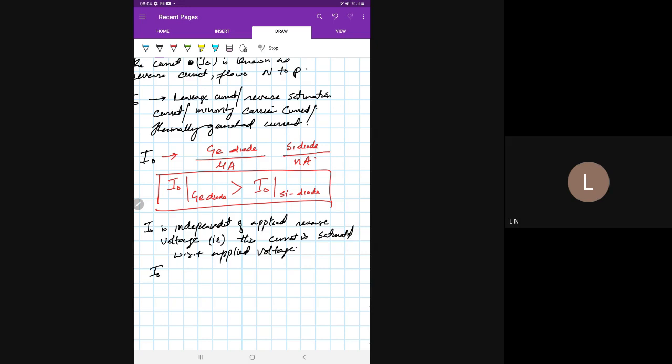However, I naught is highly sensitive to temperature.